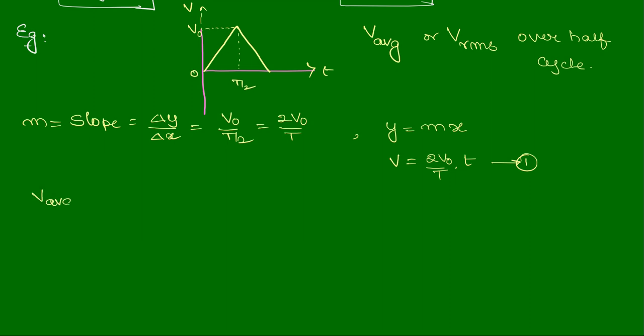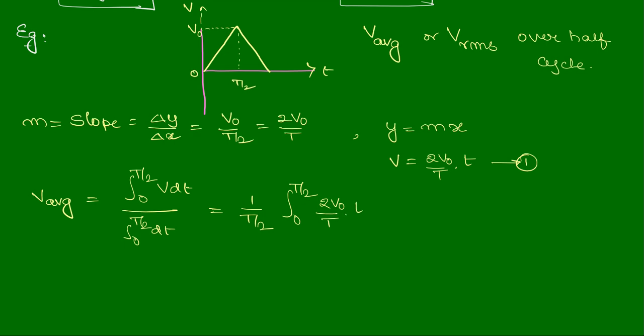Then if they ask for V average value, that V average value will be integration of 0 to T by 2 V dt by integration of 0 to T by 2 dt. In the denominator, we can directly write T by 2, and integration of 0 to T by 2, V is 2 V naught by T into t. So here already 2 by T, 2 by T, I can write 2 by T whole square. V naught we can bring outside. Integration of 0 to T by 2 t dt.